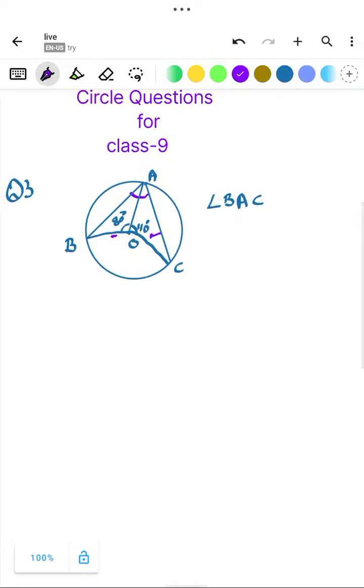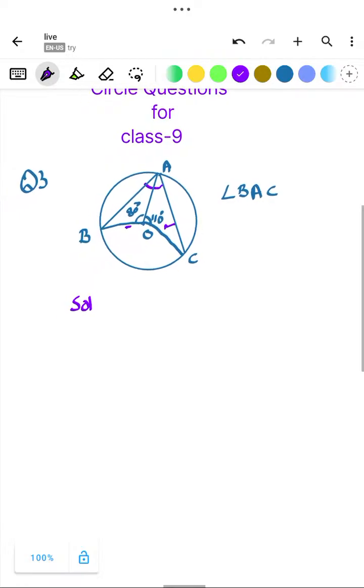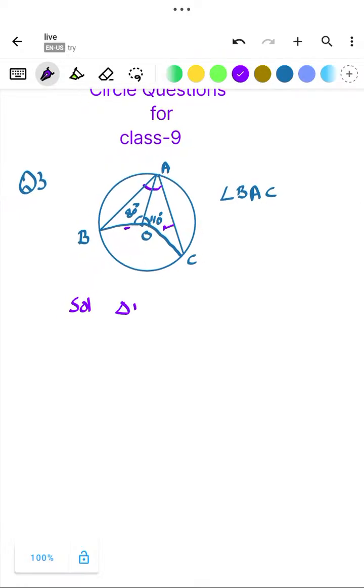Now solution. Let us see how to solve the question. Now let us take triangle BOA. Okay.